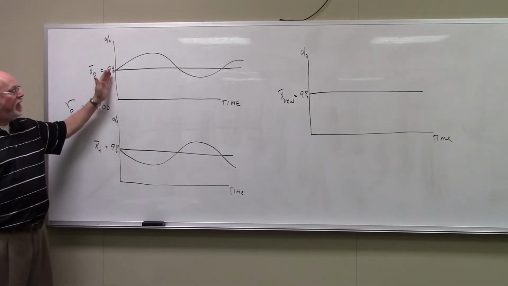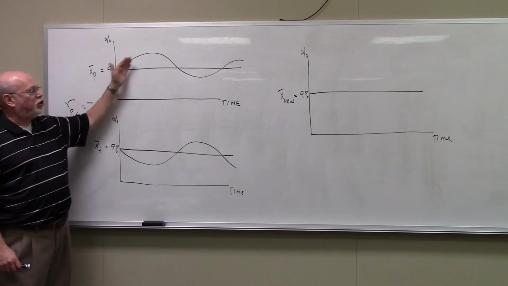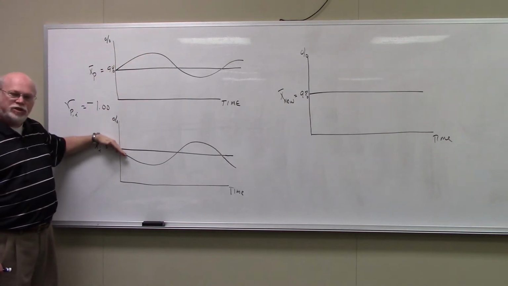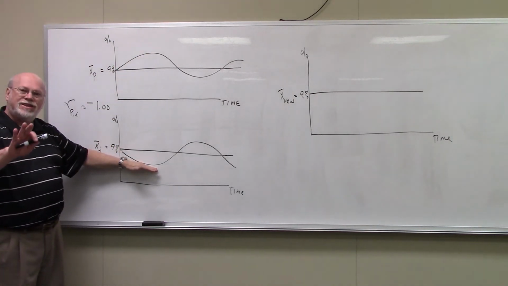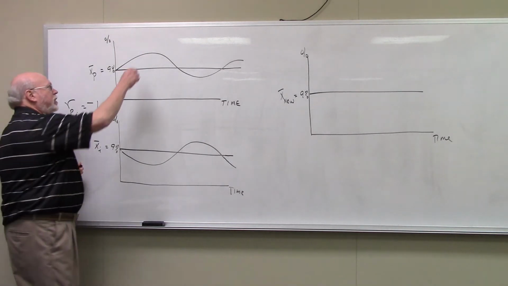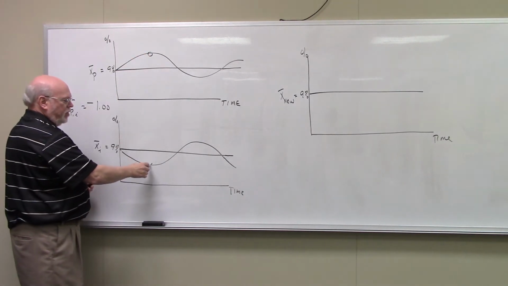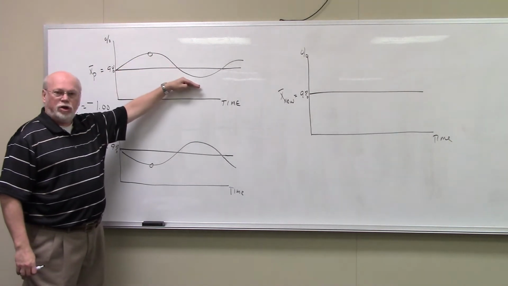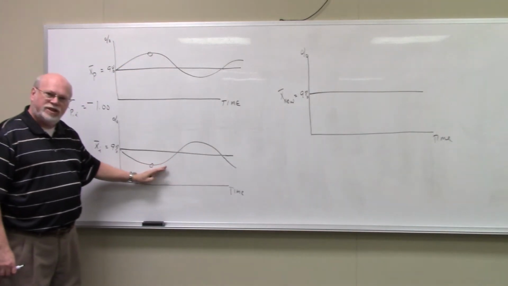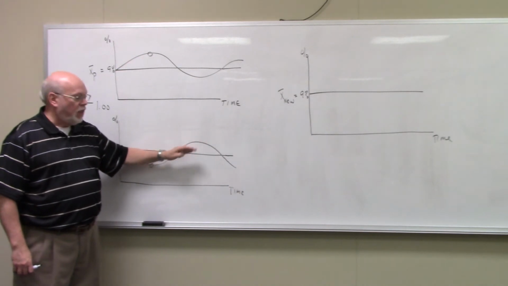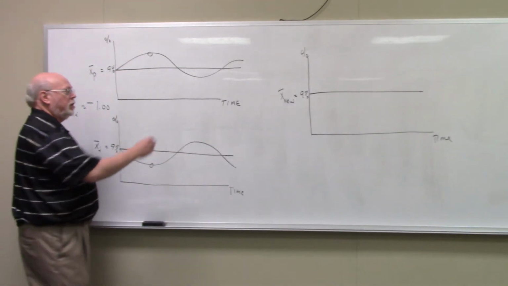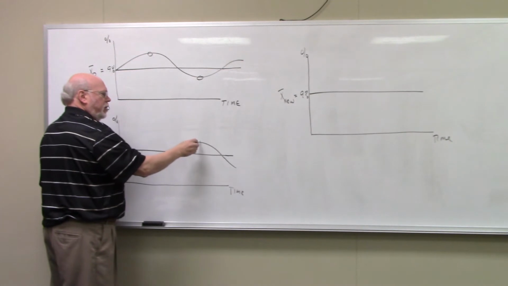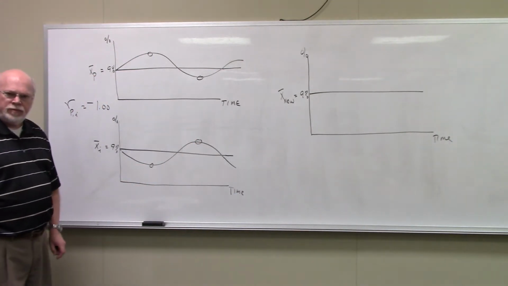What that means is that when your asset returns are going up, this asset's returns are going down at the same time. When this one reaches a peak, this one reaches a trough.